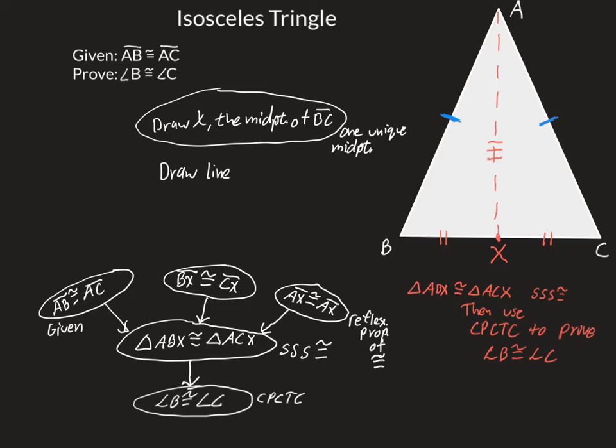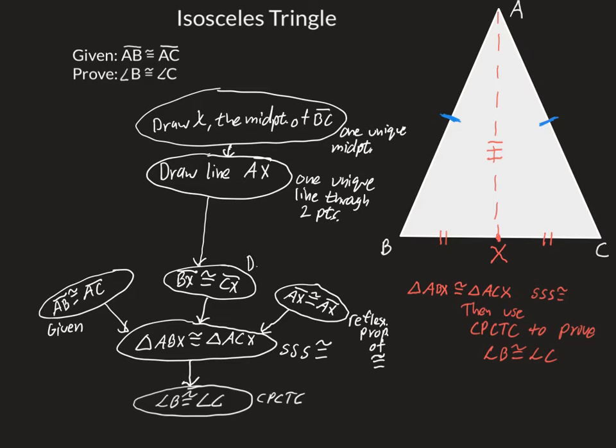So the next thing we did was draw the line AX. And the reason for that one is that there's exactly one line segment connecting 2 points. So now we've proven that BX is congruent to CX because of the definition of midpoint.